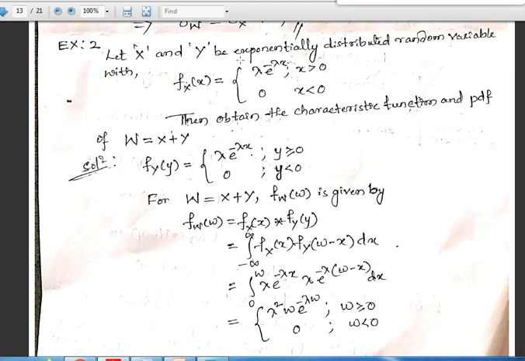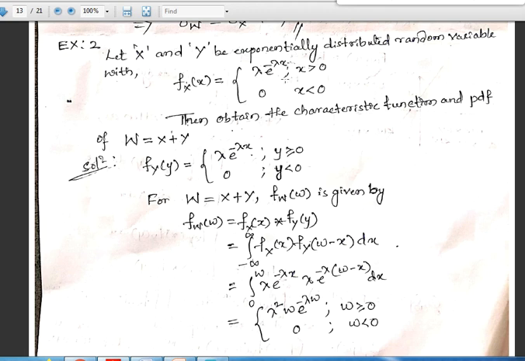Let x and y be exponentially distributed random variables with f_X of x equal to lambda e to the power minus lambda x. We have solved this kind of problem in the first module. Then obtain the characteristic function and PDF of the probability distribution function of w equal to x plus y.